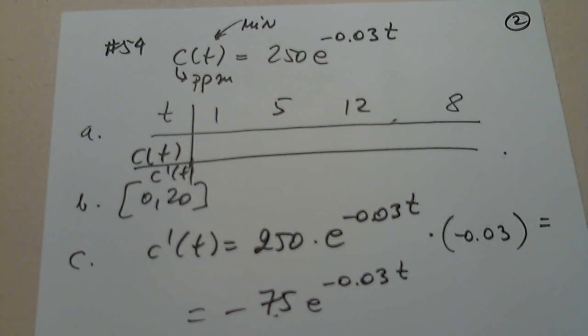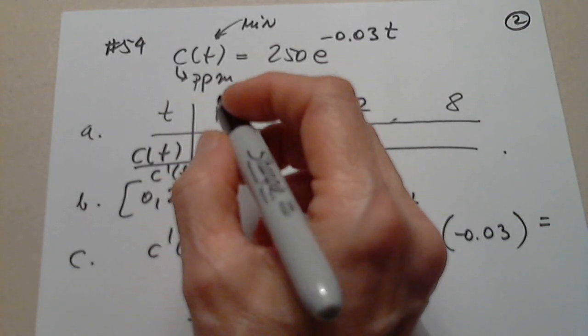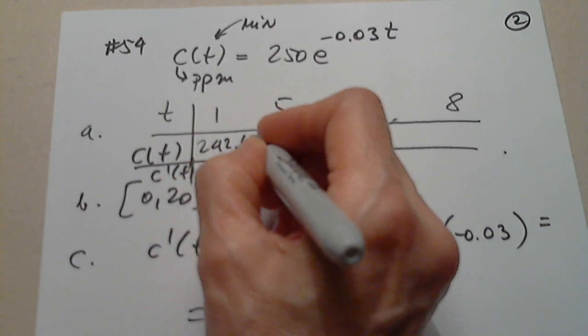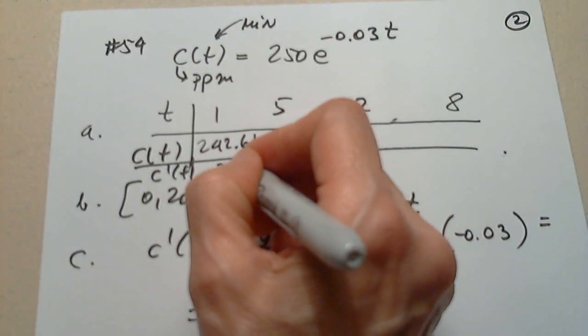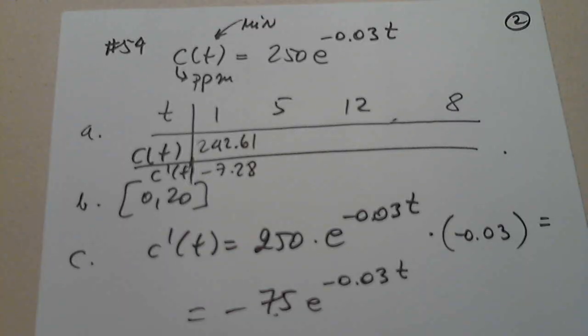So now I go to second and table, and I have 1, 5, 8, and 12. So the first one is 242.61. The next one, negative 7.28.